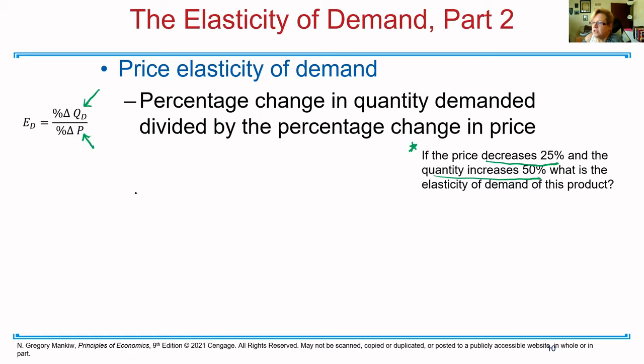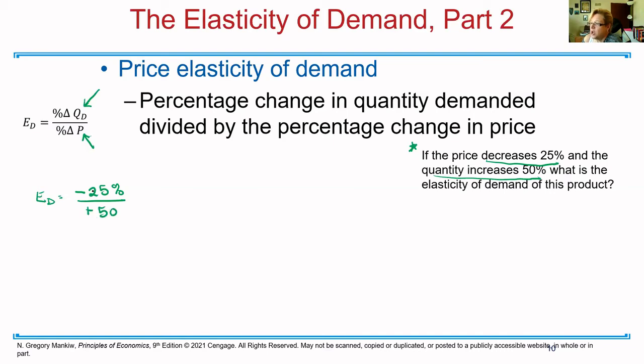Now, because they're giving it to me in percentages, I can just go ahead and use this point formula. And I can say, okay, price decreases 25%. Okay, so elasticity of demand. And the quantity increases 50%.